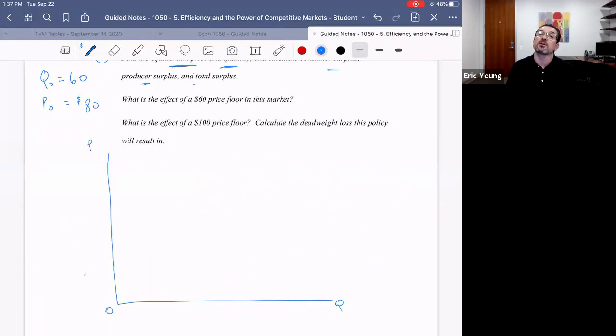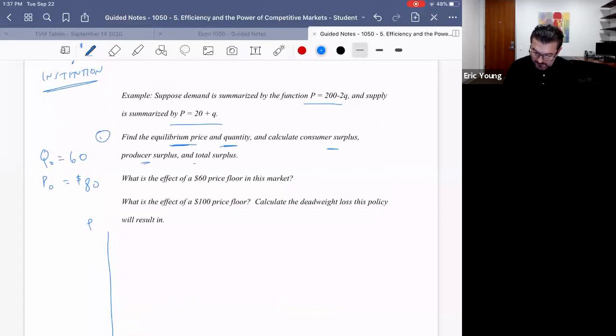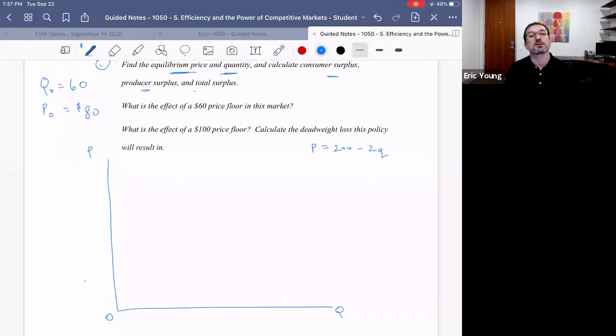Now, the first thing that we need to do is figure out where to put our supply and demand curves, okay? If you think about the fact that your demand function is equal to P equals 200 minus 2Q, you can do two different operations.